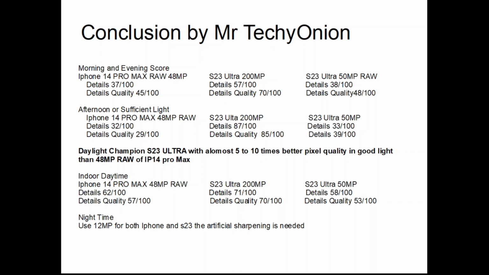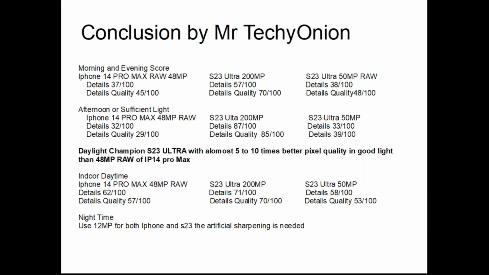Indoor daytime, things change a bit. The iPhone 14 Pro Max scored details 62 out of 100, whereas details quality 57 out of 100, which is really better than when it's heavy light. And the S23 Ultra 200 megapixel details 71 out of 100. It still captures more pixels, more quantity, and the details quality as well 70 out of 100.